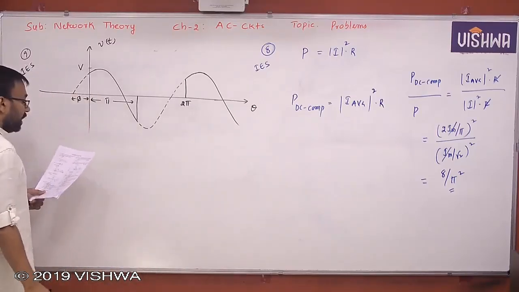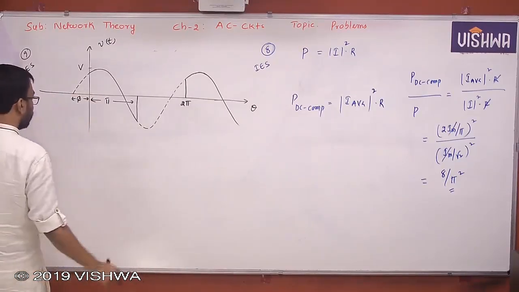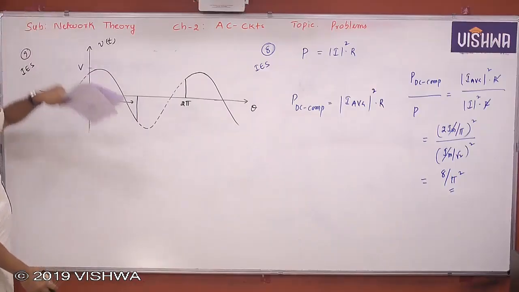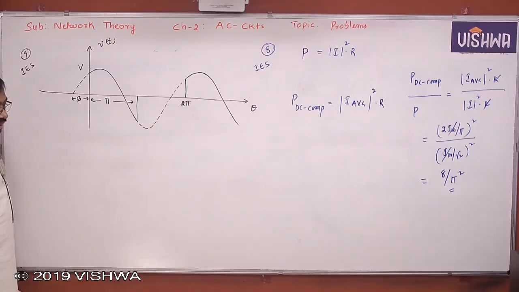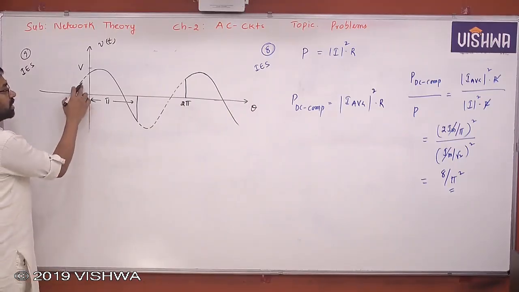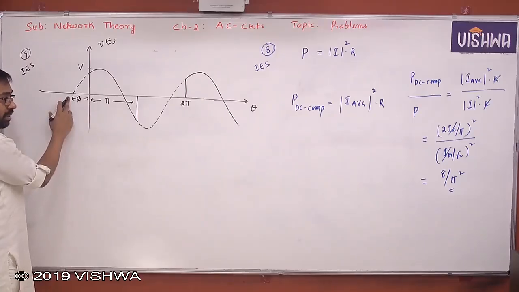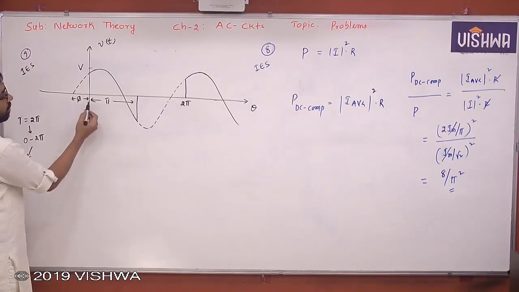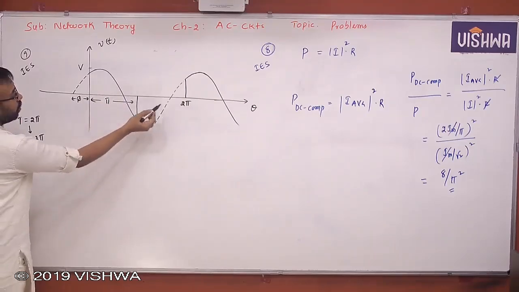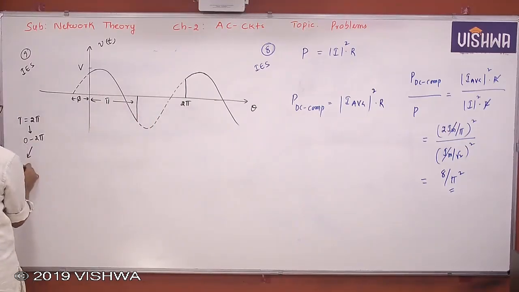What is being asked here is the average value of the periodic waveform. First of all, this is a sinusoidal function, and it starts with an advanced angle phi. The time period T is 2 pi, that means 0 to 2 pi. From 0 to pi there is a signal, and from pi to 2 pi there is no signal.